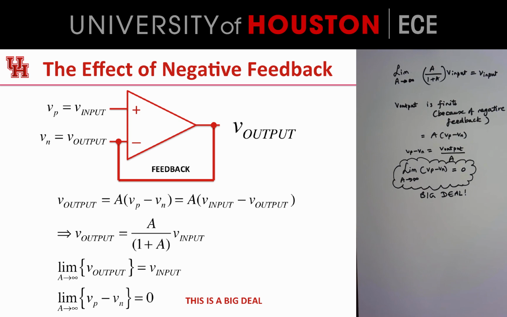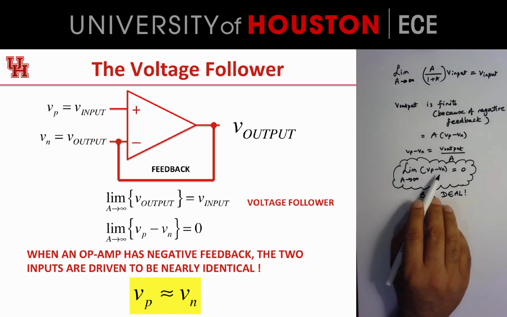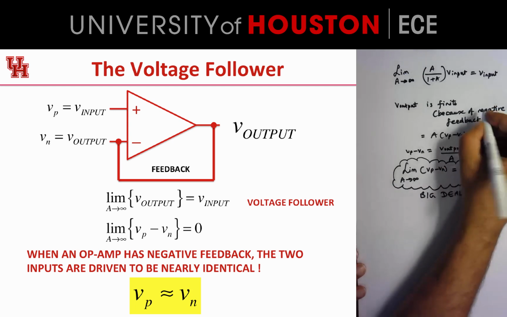In other words, they're essentially identical, or VP equals VN. This is the basic trick. Whenever we are analyzing op-amp circuits, we take advantage of the fact that VP and VN are driven to be the same. And of course, this only happens when there is negative feedback.